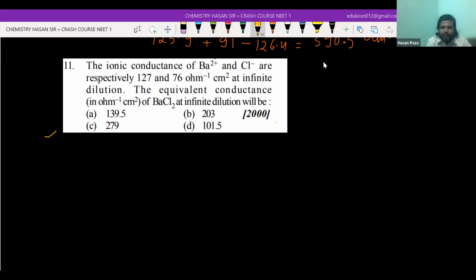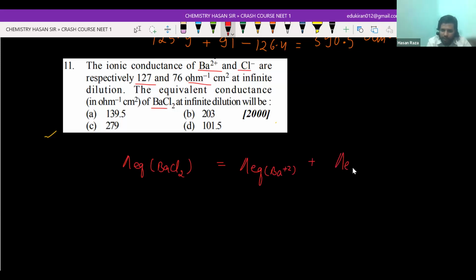Alan, any answer? You can see Ba2+ and Cl- are given, the values of these, and we need to calculate the equivalent conductance of BaCl2. So equivalent conductance of BaCl2 will be equal to the equivalent conductance of Ba2+ plus that of Cl-.